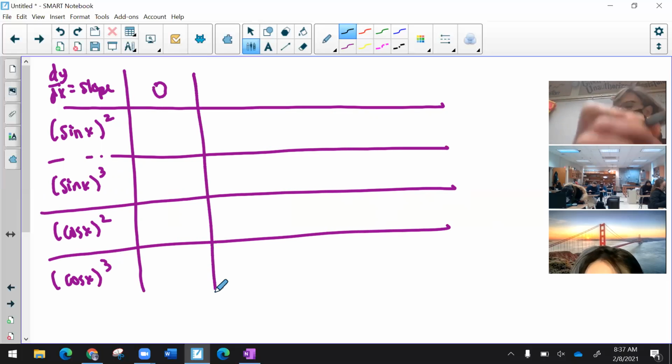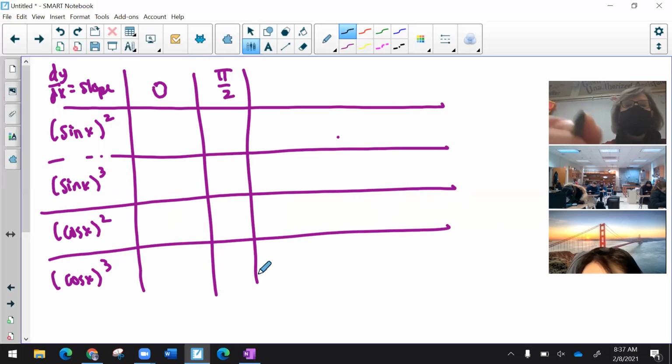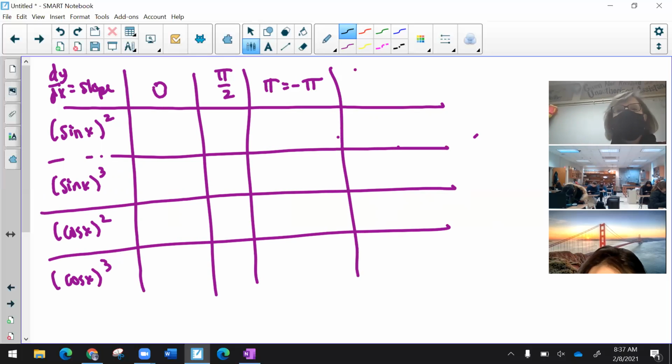I'm going to have 0, pi over 2, pi, which is also equal to negative pi, and 3 pi over 2, which is also equal to negative pi over 2.